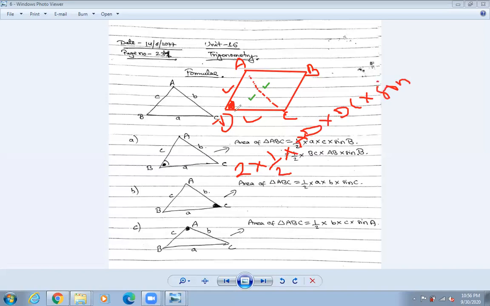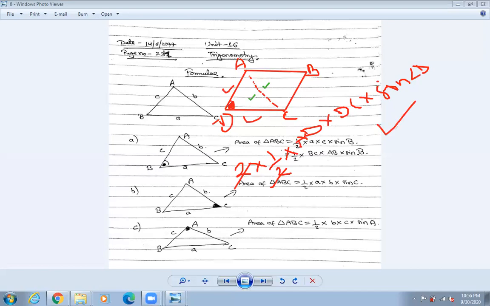Which angle is given over there? Angle D is given. So sine D, otherwise you can write D only, capital D. So 2 and half will be cancelled. So what will be the formula? AD into DC into sine D, you can write down. So this is the formula of the parallelogram.